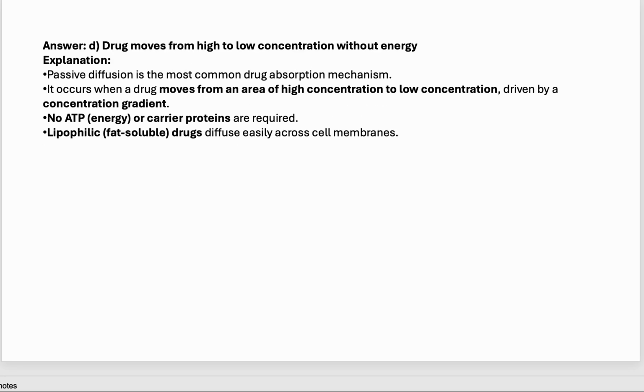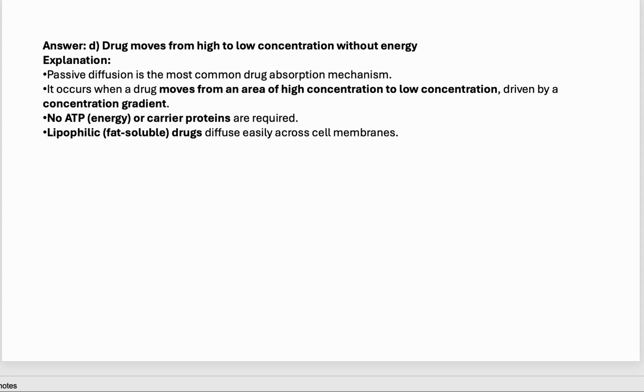So the correct answer is D. Drug moves from high concentration to low concentration without energy. And passive diffusion is the most common drug absorption mechanism, because obviously the drug concentration in the body is less, and even in our bloodstream.